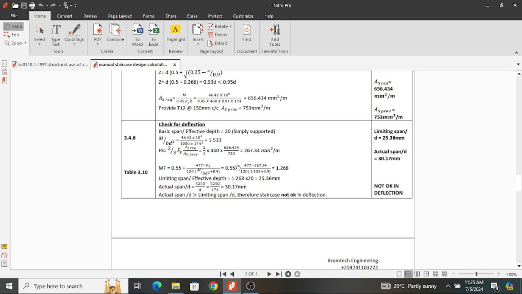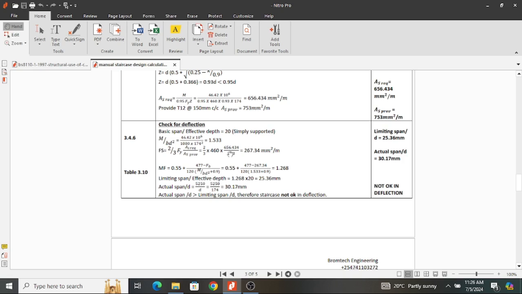Here, I have an option of continuing to increase the depth. Option number 2 is to alter the reinforcement I've provided, because if I alter the reinforcement, it is going to affect this factor here, this 753. Assuming I'm using 16 millimeter bars spaced at, let's say, 150 millimeters center to center, that is going to give me a value of 1340 here.